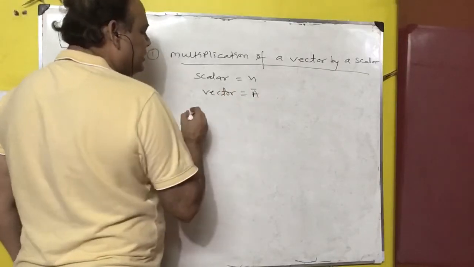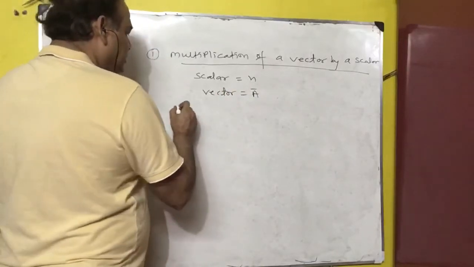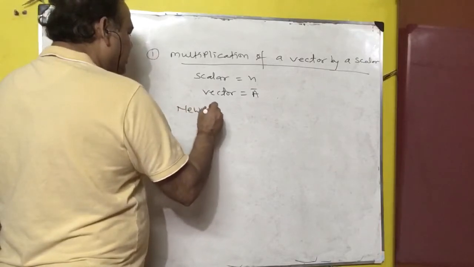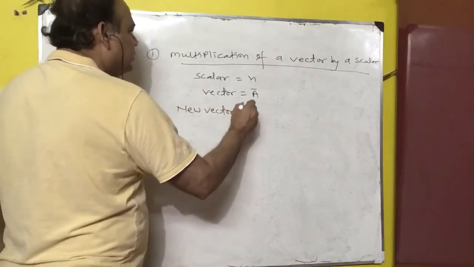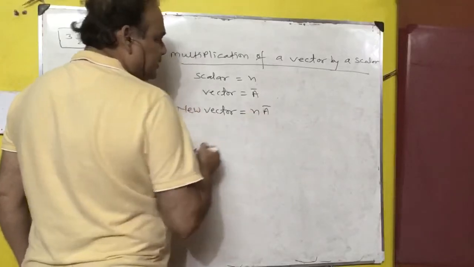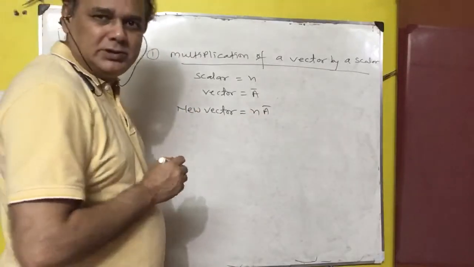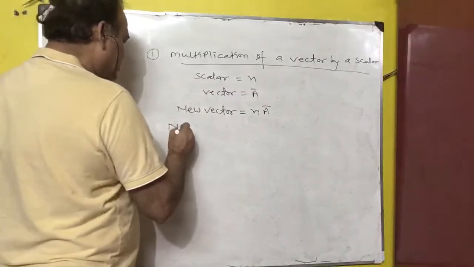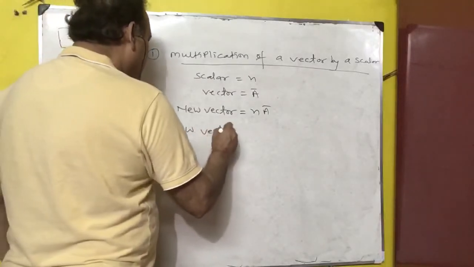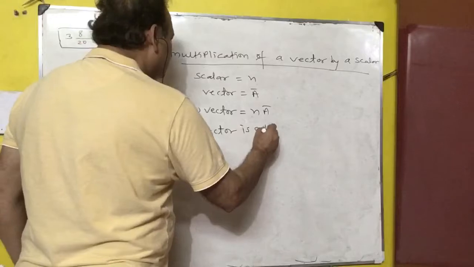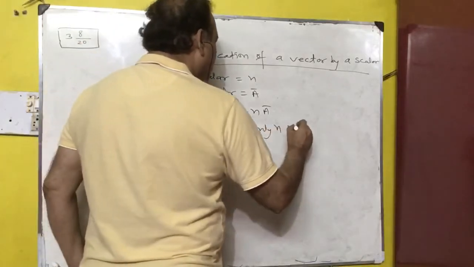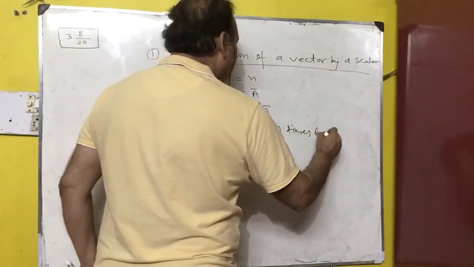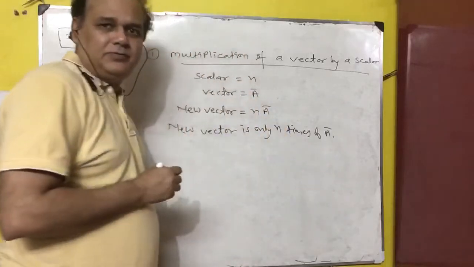If you multiply these two, then the new quantity or new vector equals n a vector. It means n times. The new vector is only n times of a vector.